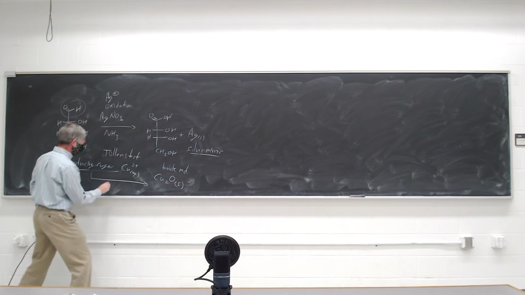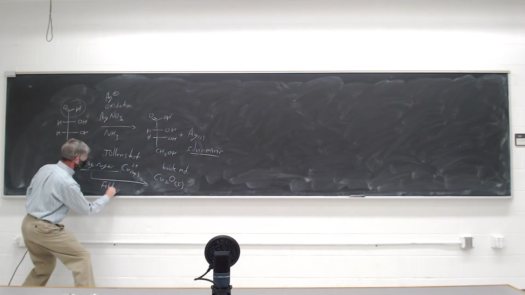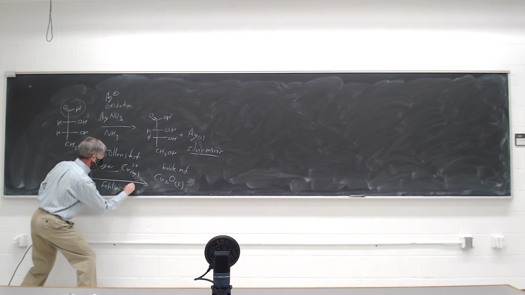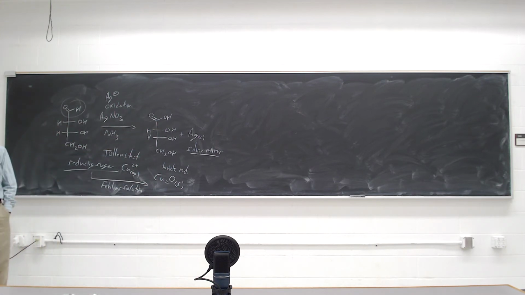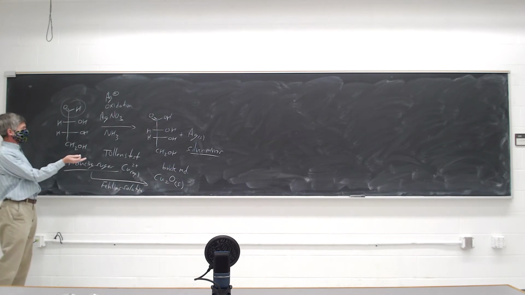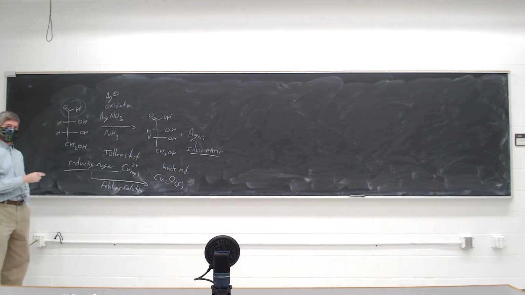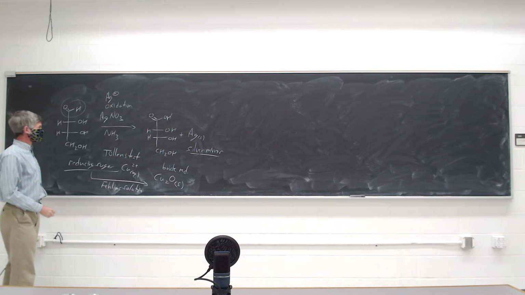This is Fehling's solution. These two reactions, the Tollens test and Fehling's solution, were right at the tail end of chapter 17. I skipped them at the time because they weren't that important. But they are important ways of determining whether a sugar actually has the free aldehyde, whether it's a reducing sugar.